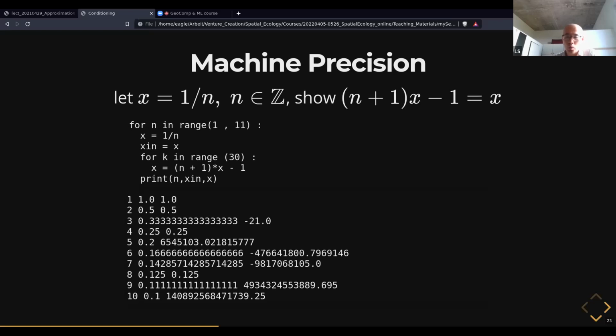I want to show there's a relationship stated as (n plus 1) times x minus 1 equals x. Before I jump into it, I hope you can see mathematically this relationship is correct. If anybody has any counter argument, please let me know.